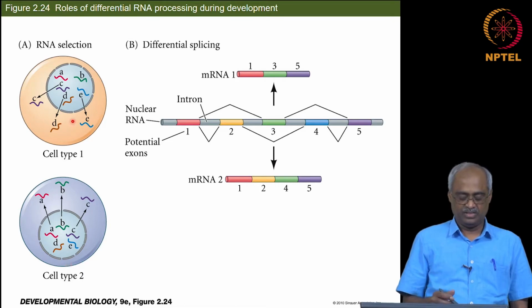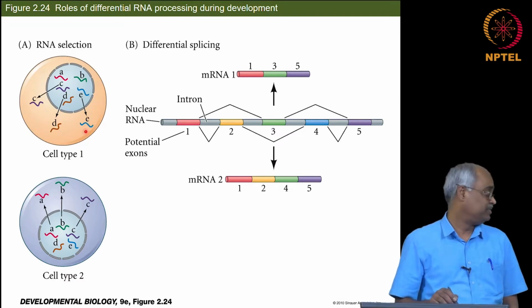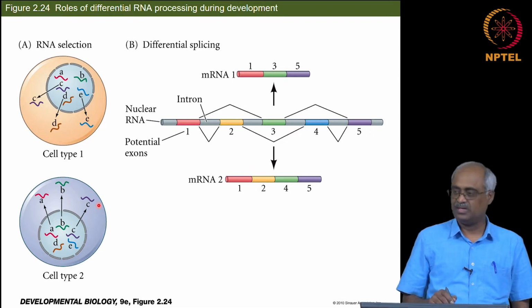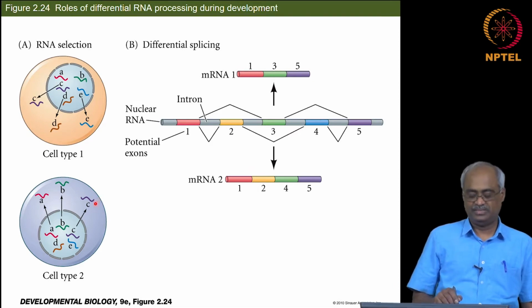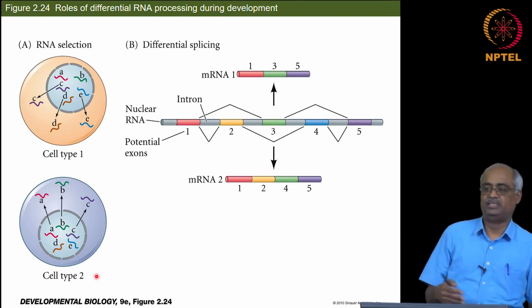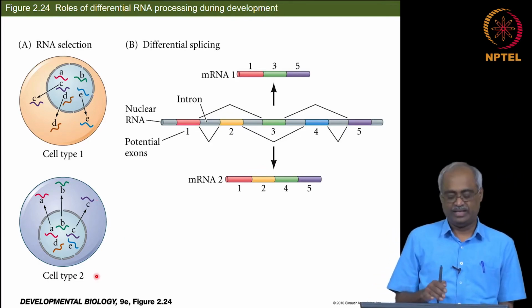If you look at the cytoplasm, you have C, D, E coming into the cytoplasm in cell type 1, but you have A, B, C coming out to the cytoplasm in cell type 2. So, this is nuclear selection in what is getting exported and what is not getting exported. Even at that level you could have differences.